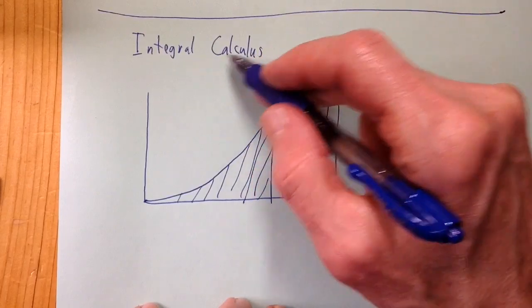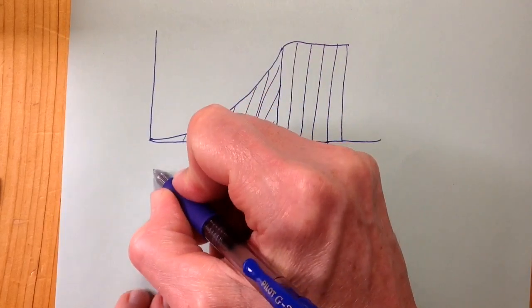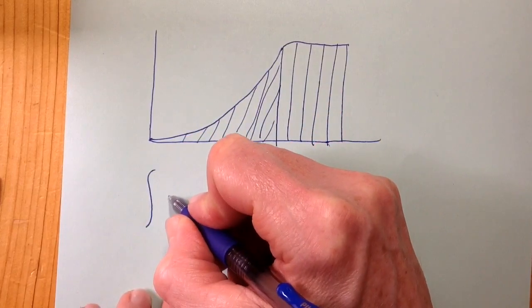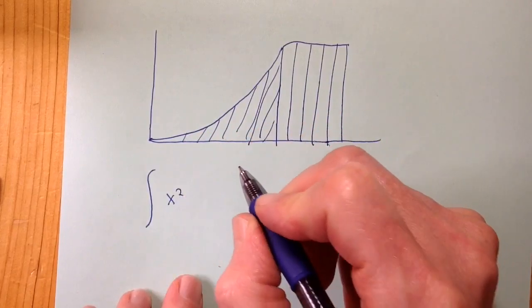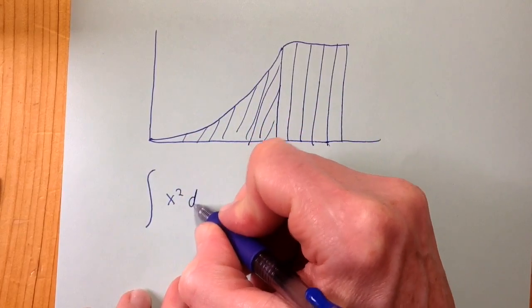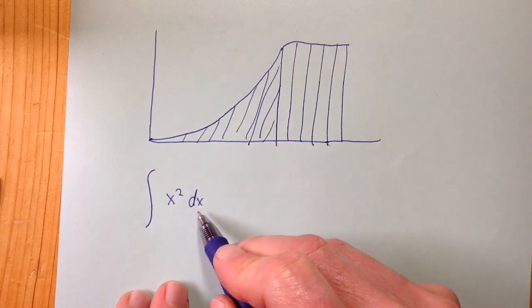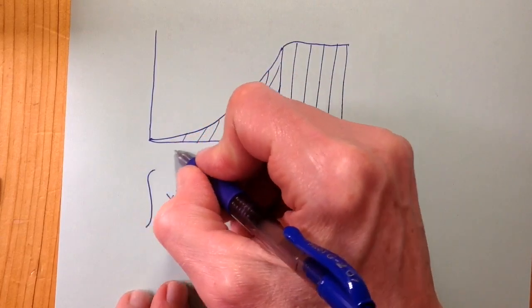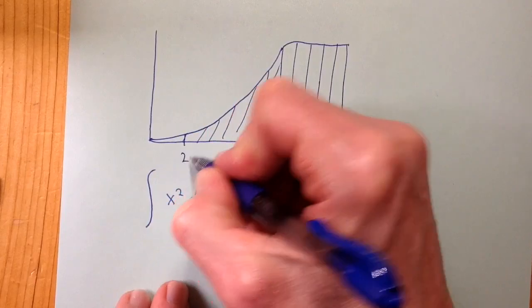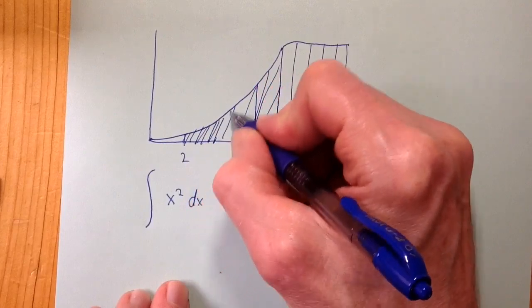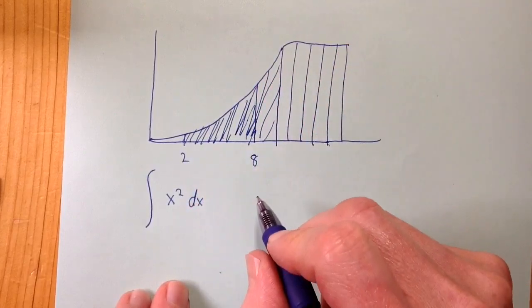And that's what integrating does, and it's given by this big S kind of symbol. So the integral of x squared, this is our function x squared, times what's called dx, which stands for a little bit of x. And we integrate that from, let's say, x equals 2 to x equals 8, and that will give us the area underneath the curve from 2 to 8.